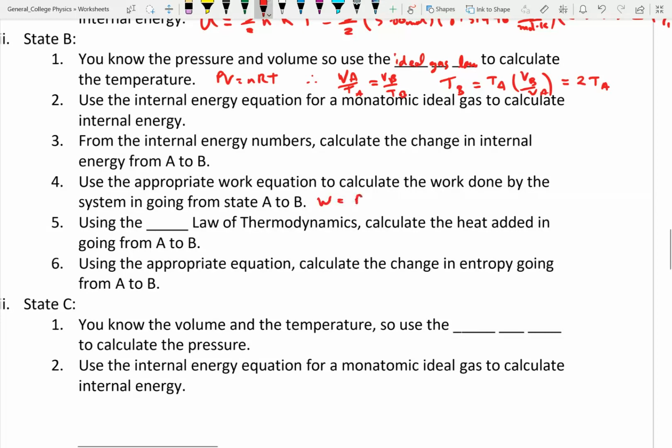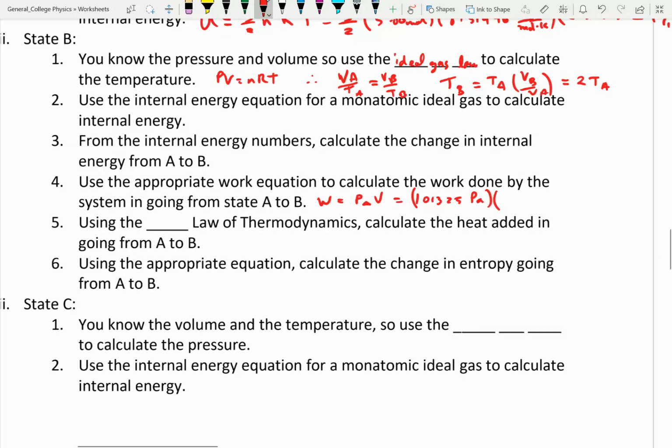Work is equal to P delta V, which is 1 atmosphere, or 101325 pascals, times the change in volume, and I'm going to put it in meters cubed.